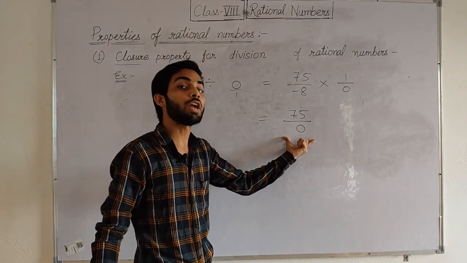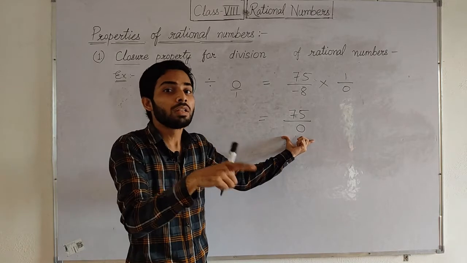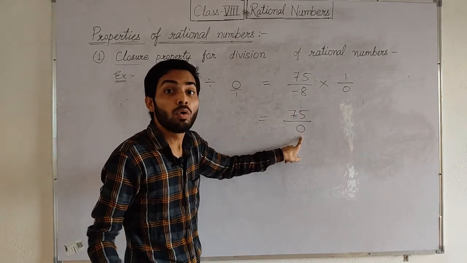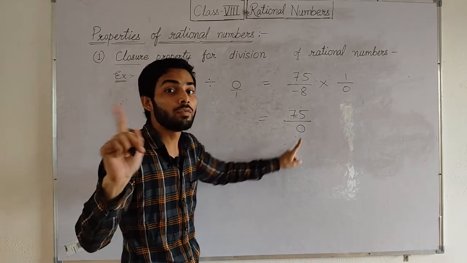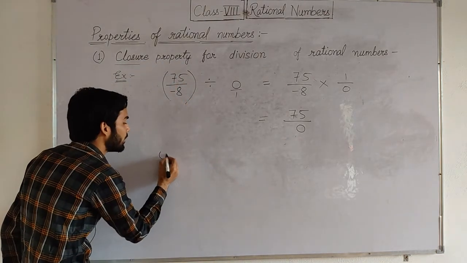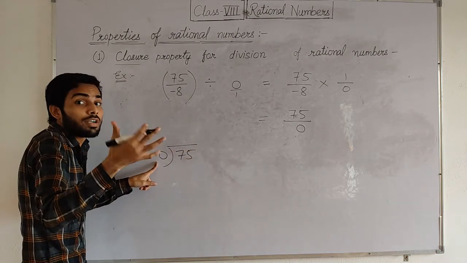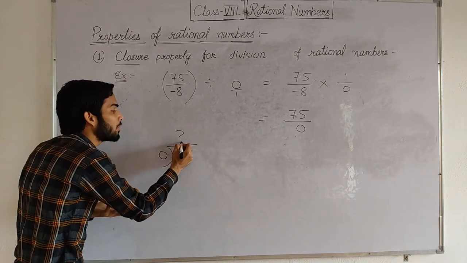I already taught you in the previous video that if we are dividing any number by 0, we cannot define it. On dividing 75 by 0, we cannot define what will come here.